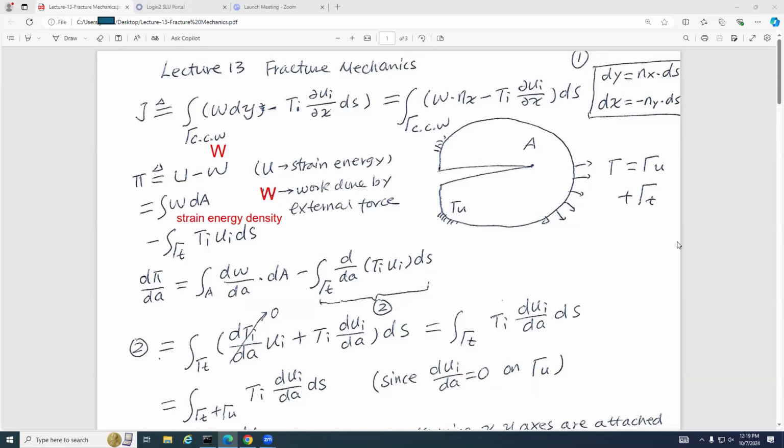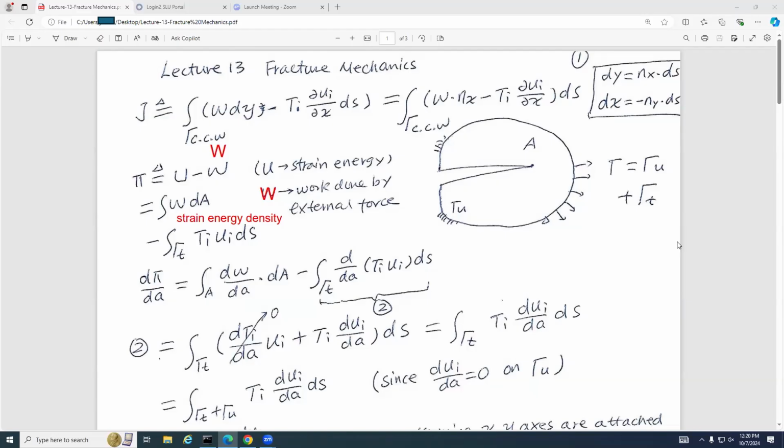And gamma t is a natural boundary condition. So this is called NBC, and this is called EBC.